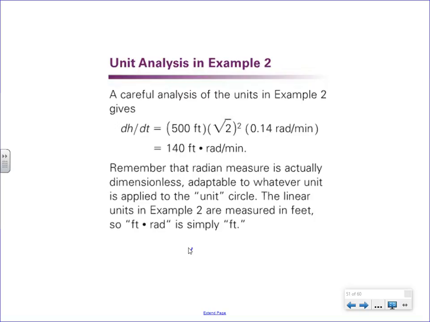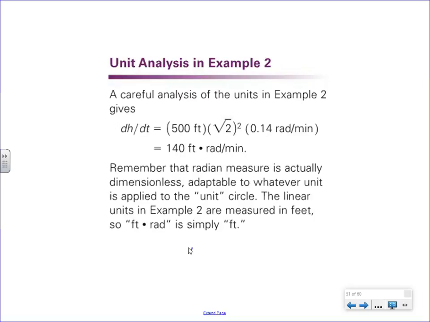Once again, the book is helpful sometimes. Example 2 gives you feet times radians per minute. Radian measure, though, is actually dimensionless, hence why we use it in calculus. It's adaptable to whatever unit is applied to the unit circle, because the unit circle can be in feet or inches or miles or anything in between. The linear units are measured in feet, so feet times radian is simply feet. So it's not that we're ignoring the radians; the radian is dimensionless.